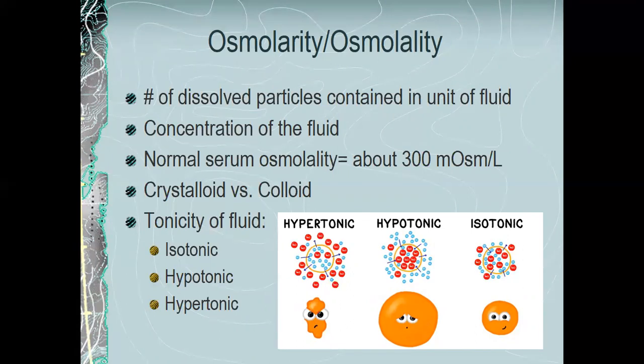They stay inside the vasculature and they are known as plasma expanders. So colloids will pull fluid from the interstitial space into the plasma and increase blood volume. And so that's colloids, larger particles and proteins that we can use.